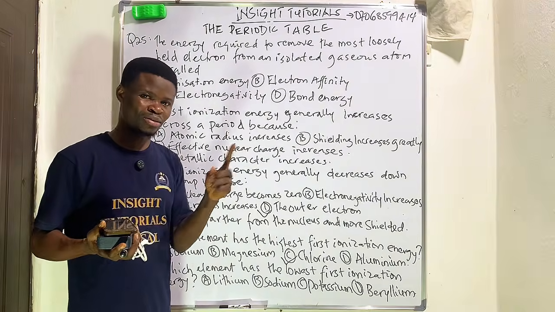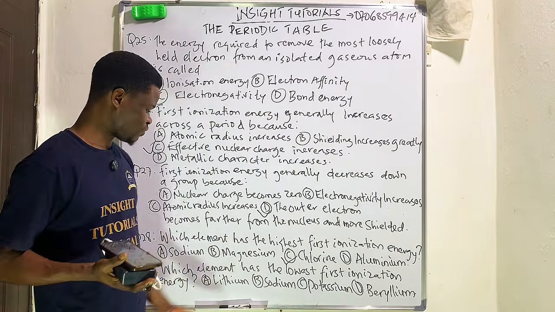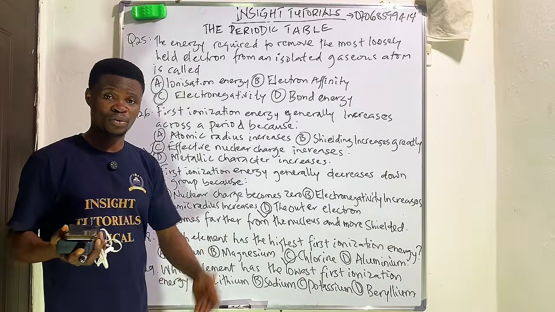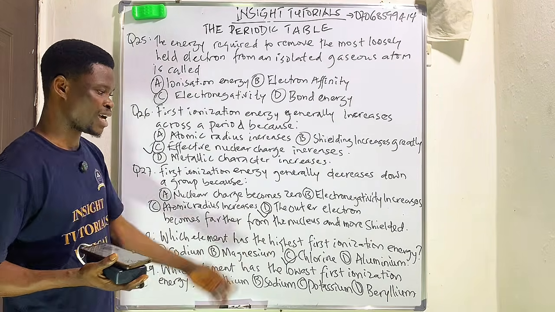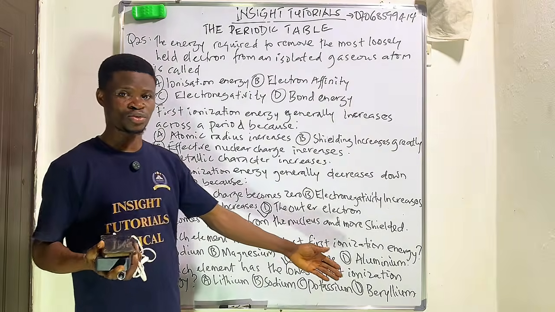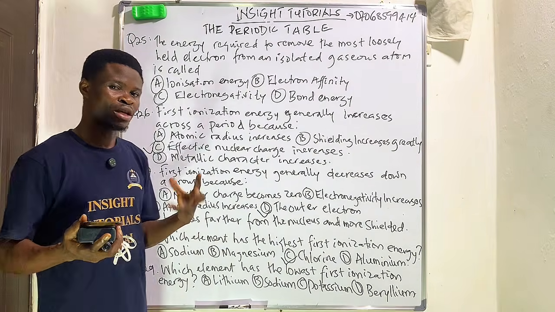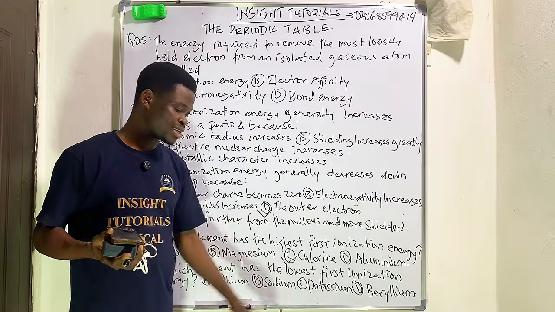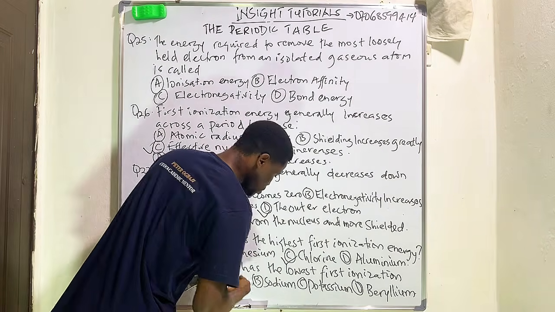The outermost valence electron of potassium will be more easily pulled off than that of sodium and lithium. Beryllium also has high ionization energy because it has 2 valence electrons, so it holds them more closely, and its atomic radius is not as large as that of potassium. So the correct option is potassium.